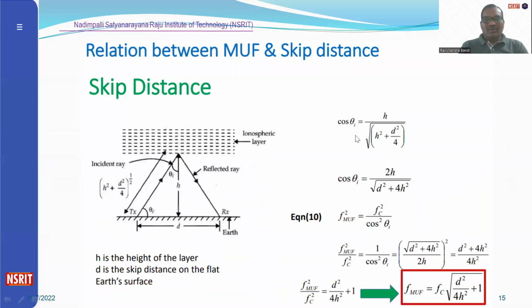From the diagram, cos theta is given by this expression, and we all know that f MUF squared is equal to fc squared by cos squared theta i. In this expression, we substitute the value of cos theta i. Finally, we get the relationship between the maximum usable frequency, critical frequency, virtual height, and the skip distance.